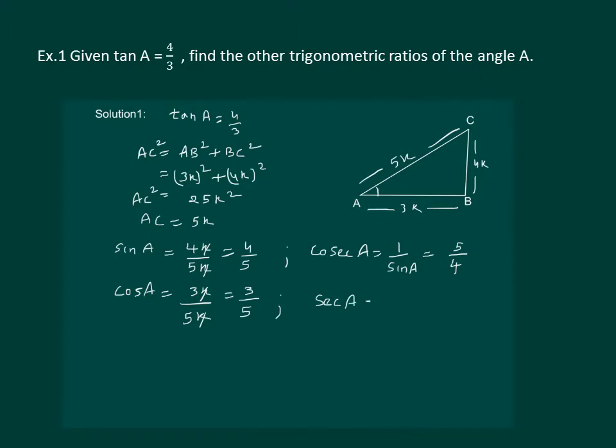Sec A equal to 1 by cos A, so it is 5 by 3, and cot A is equal to 1 by tan A equal to 3 by 4. Ultimately, we have found all the other trigonometric ratios when tan A was given to us.